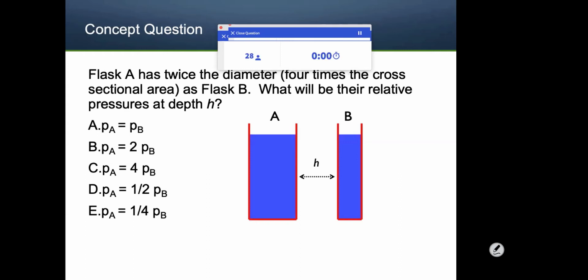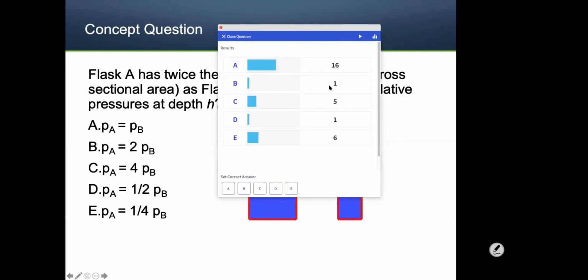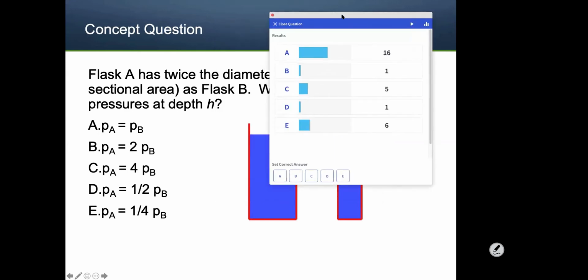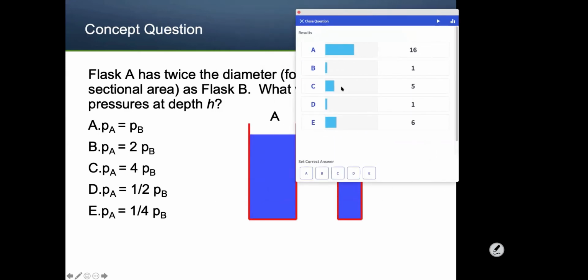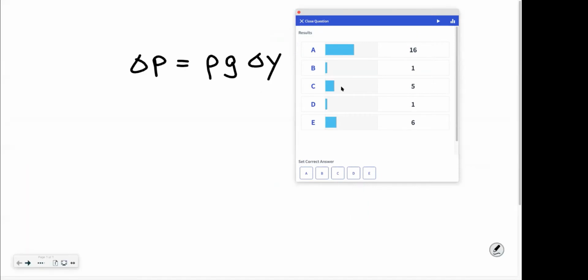All right, let's see what we got. Survey says, interesting. A is the winner. But every single one of these got at least one vote. So that is interesting. Okay, let's think about this just in terms of the equation that we just wrote down.